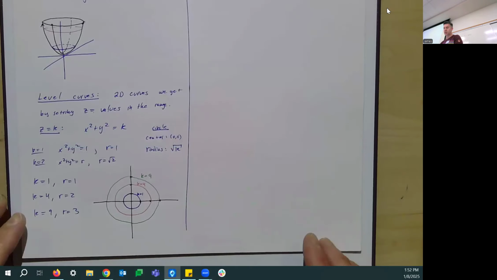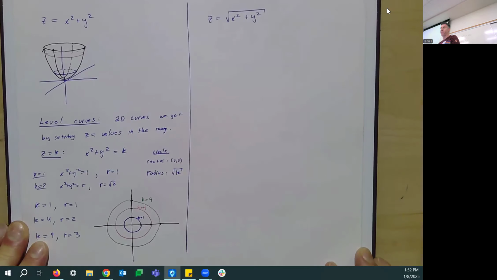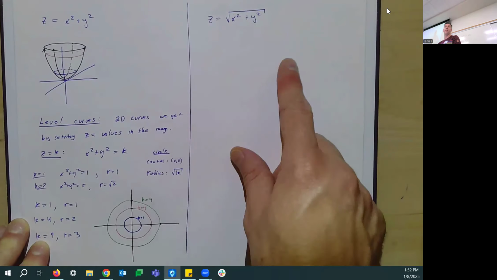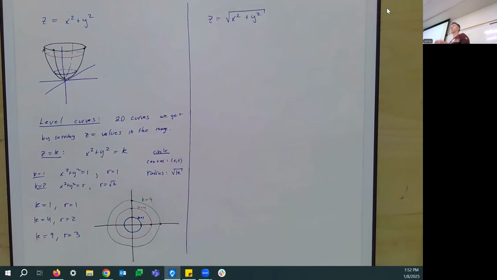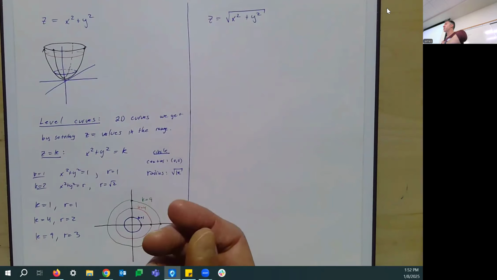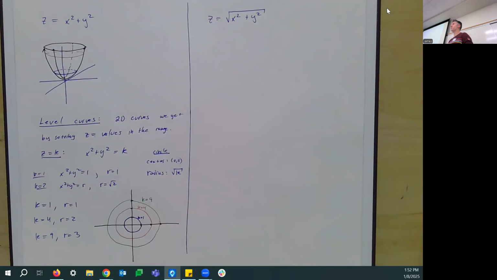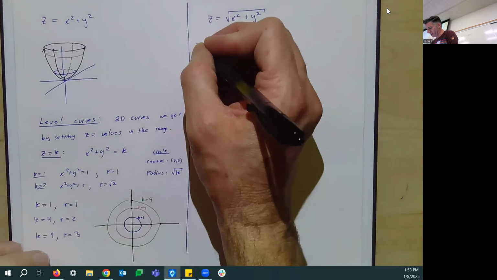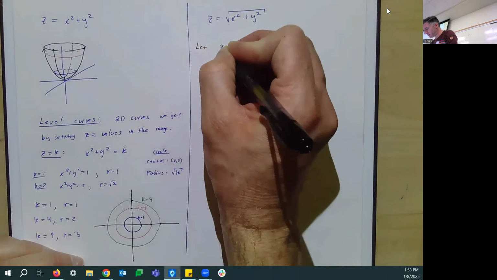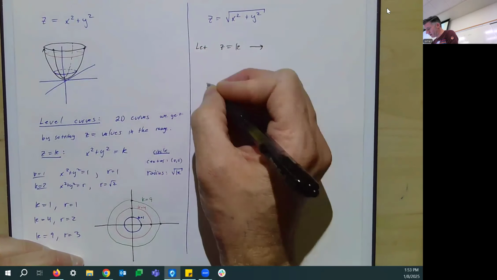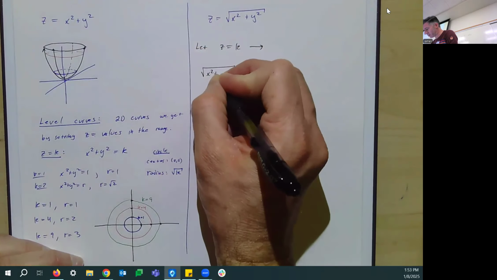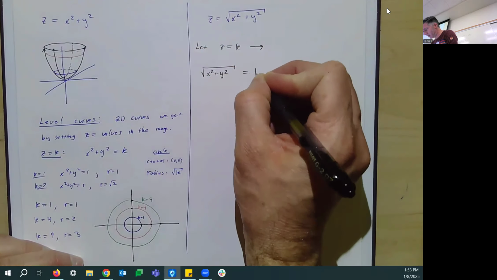So now let's use that to inform how we're going to think about the graph of this. I'm going to be smart and do what I said I should do. I'm going to just set z equal to k and try to be general about it. So we're going to get the square root of x squared plus y squared equal to k.